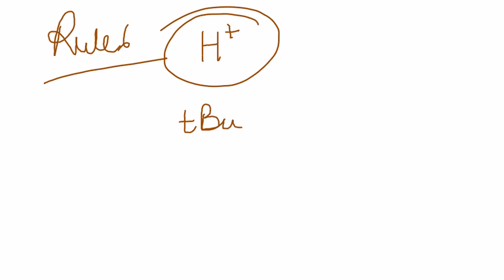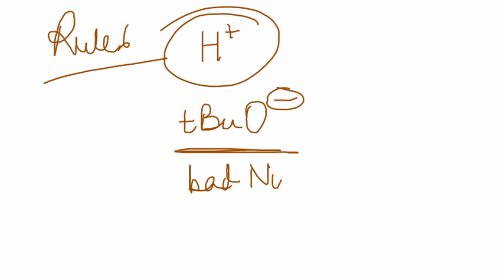Recall from chapter 11, which was about substitution and elimination reactions, this molecule is a poor nucleophile. And this is not the only one. You can think about triethylamine, for instance, which is a weak base, and it is a bad nucleophile.